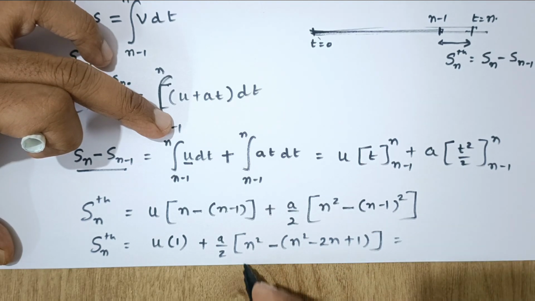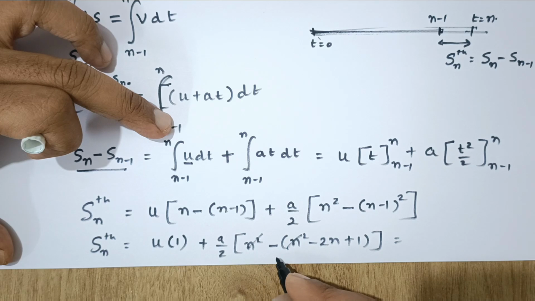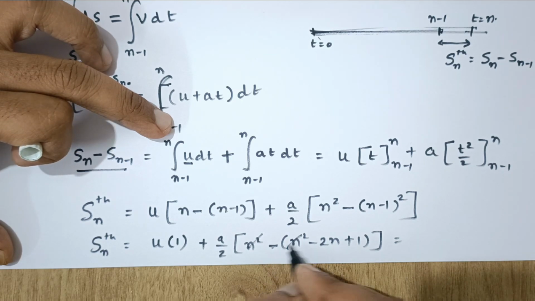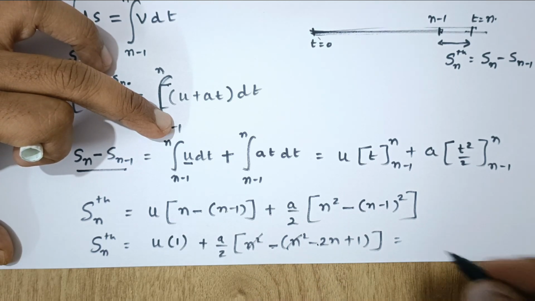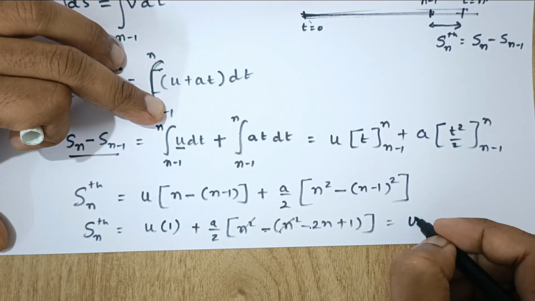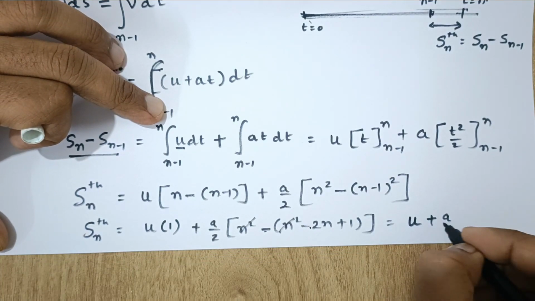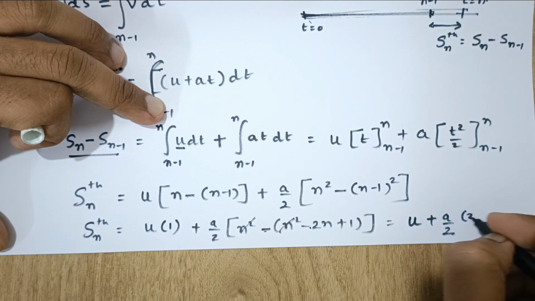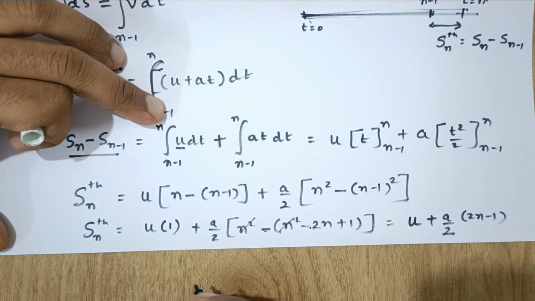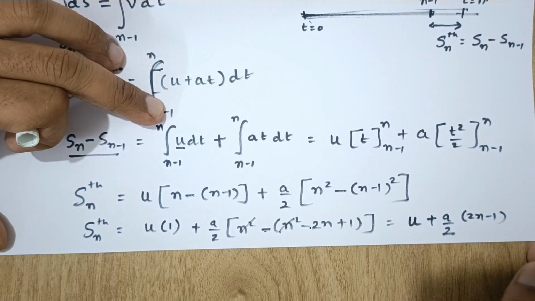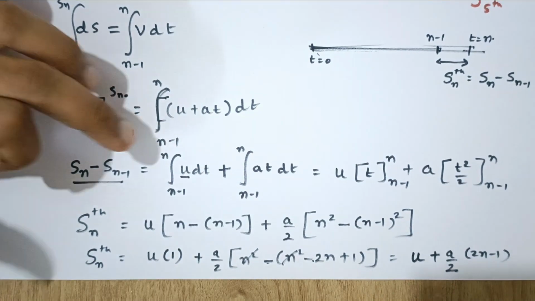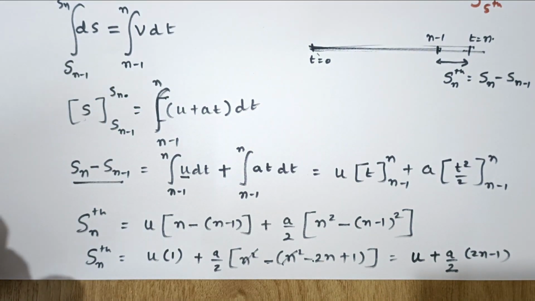Again, if you open up the bracket, this n squared will go, and what you are left with is minus minus becomes plus, and this becomes minus 1. So your final answer would be u plus a by 2 times (2n minus 1). Right? So this is the displacement of the body in the nth second, or the distance traveled by the body in the nth second. I hope that you have understood this well.